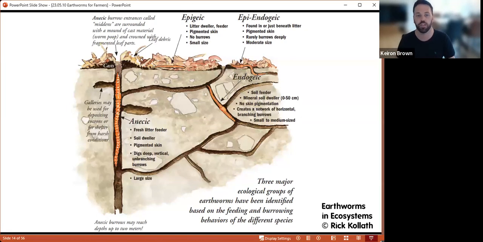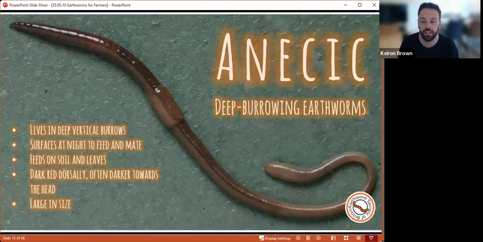They're not all found in the soil, for example, and they're not all found at the same level, and they look different as well. So if we start with the anecic earthworms, these are the deep burrowing earthworms, and they live in vertical burrows that can go quite deep.